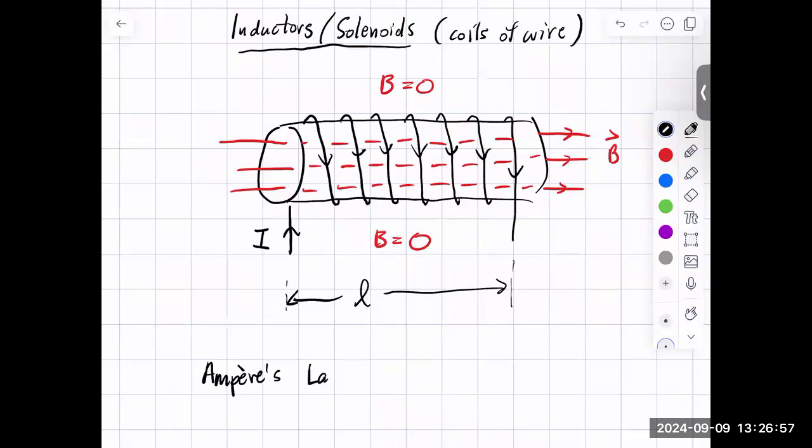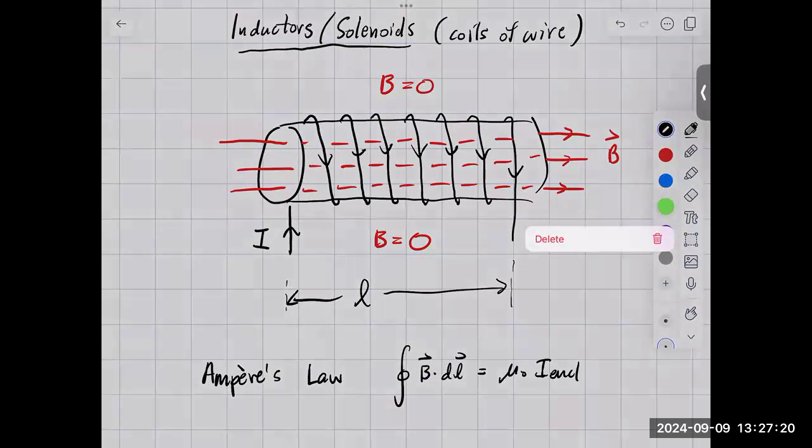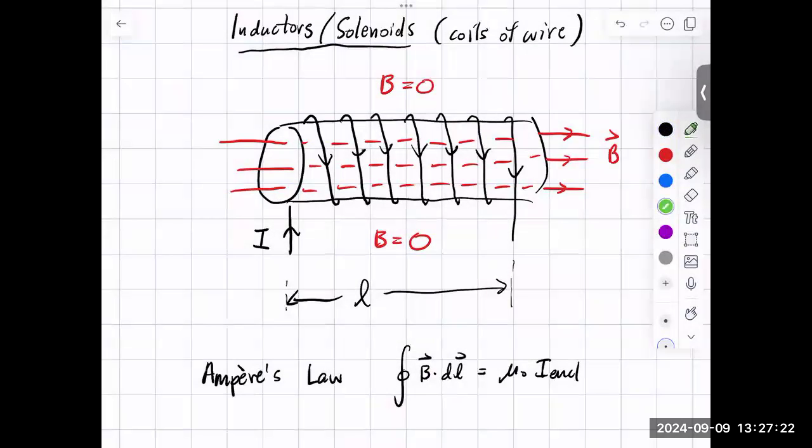Ampere's law said that the integral of B dot dl around a closed loop was equal to mu naught I enclosed. Again, I'm not going to expect you to remember this or to solve these types of problems, but I want to remind you of where all this stuff comes from.